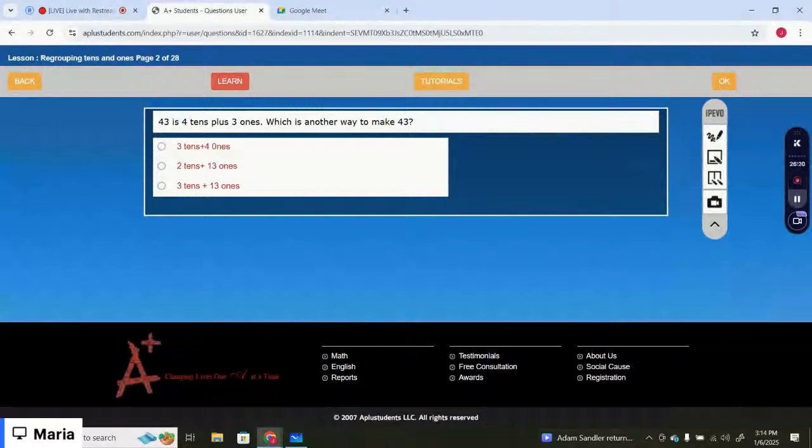Okay, the next one is 43 is 4 tens and 3 ones, which is another way to make 43. So which option is the correct one?